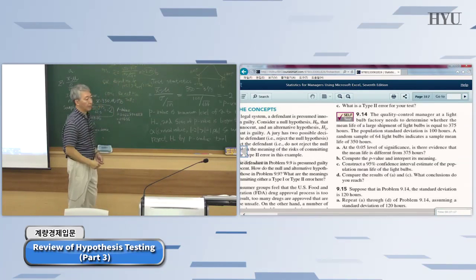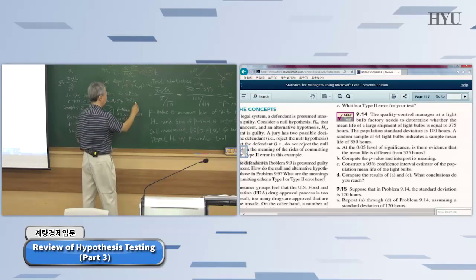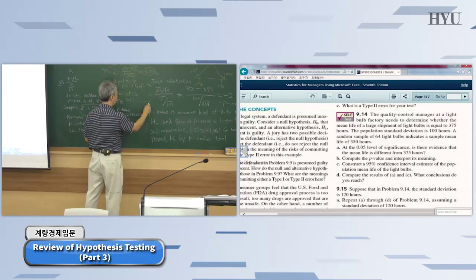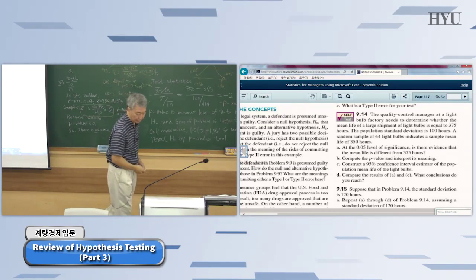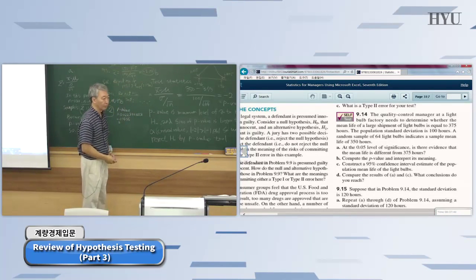So that means we have sufficient evidence to claim that the mean life is different from 375. You can write it out: we have sufficient evidence to conclude that the mean life of the light bulb is different from 375. So that should be the answer to A.